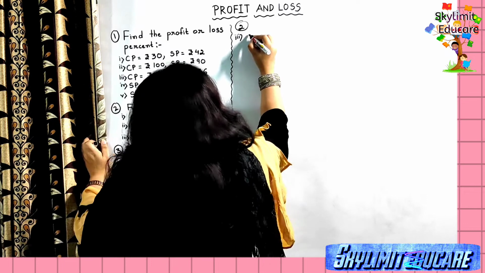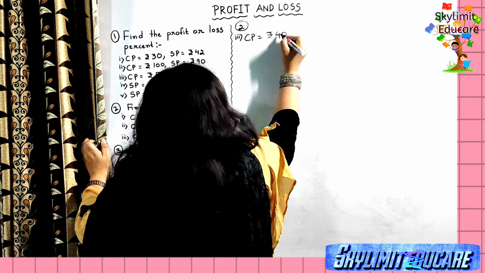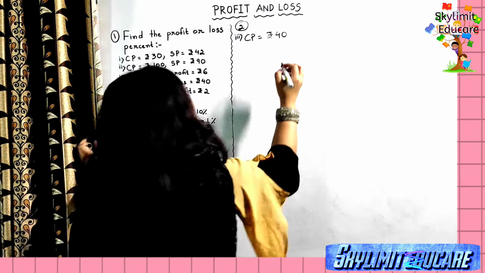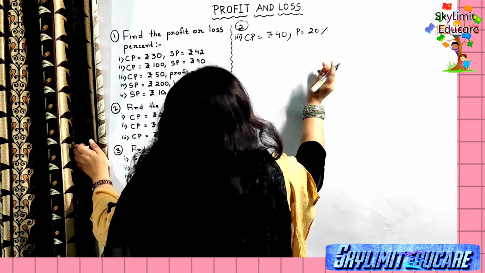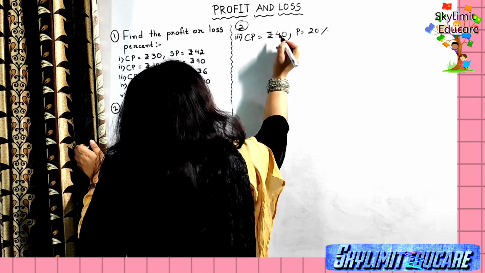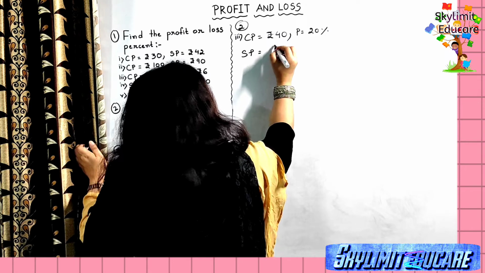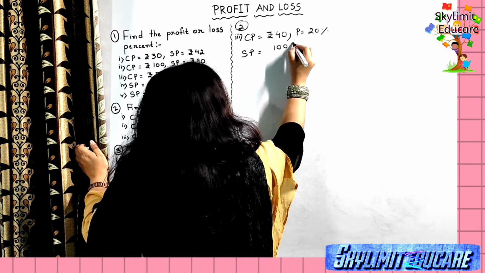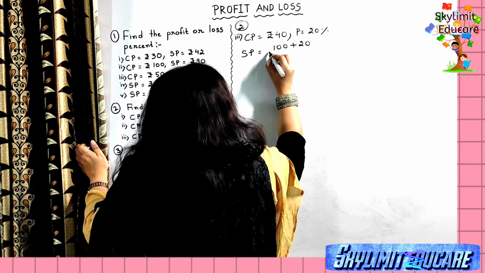Cost price is rupees 40 and profit is 20%. So you are supposed to find the selling price. So selling price when there is a profit, what is the formula? 100 plus profit percent. 100 plus profit percent is 120, yes or no?